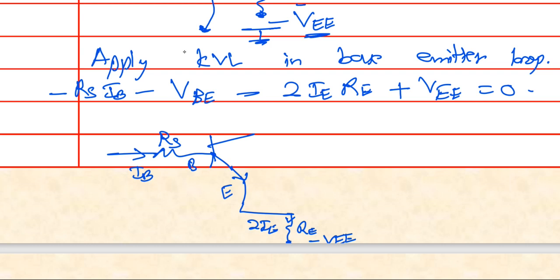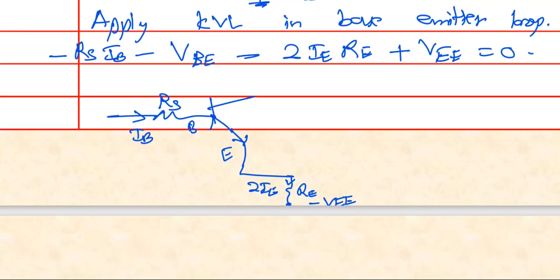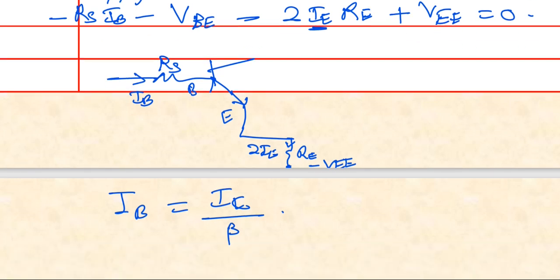Once we have applied the KVL, our job is almost done. We will just try to find the emitter current equation from this expression. Now here we will use a relationship between base current and collector current, and that relationship is that base current equals collector current divided by beta, where beta is the DC current gain of the transistor.